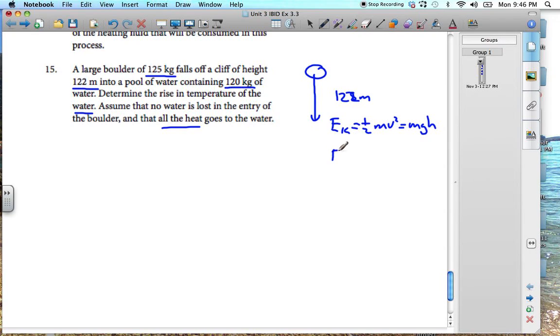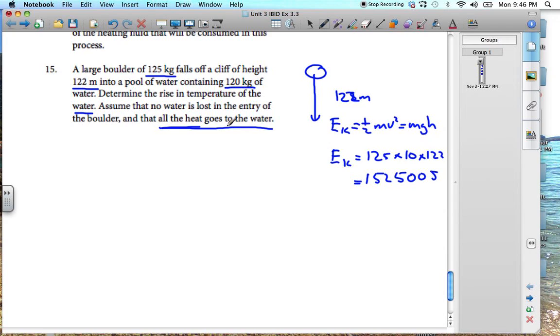So the energy that we'll have due to kinetic energy would equal 125 times 10 times 122. So we can just calculate that out. 125 times 10 times 122, and we get 152,500 joules.